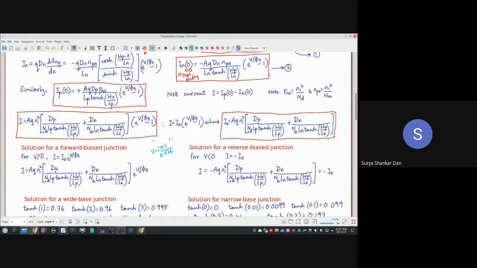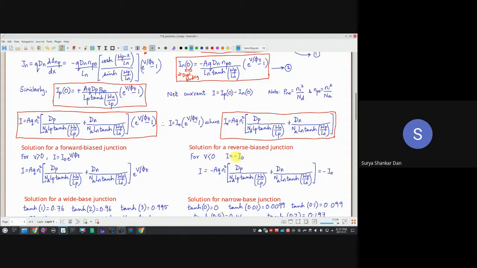So what do we get? For all practical values of V less than 0, e to the power V by phi t is negligible with respect to minus 1, so I will be equal to minus I0. Essentially, if you're applying a negative bias or reverse bias, then the current will be equal to minus I0.